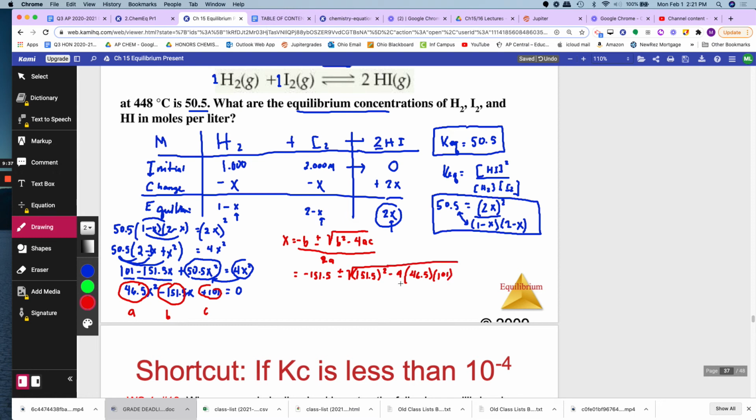Take the square root of that whole thing, all over 2 times 46.5.